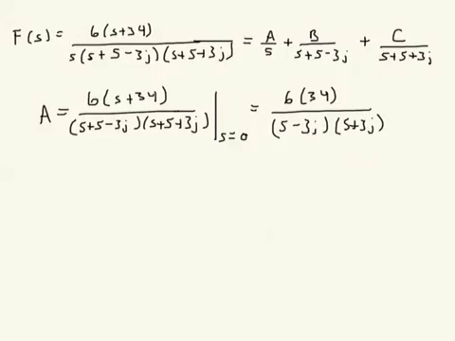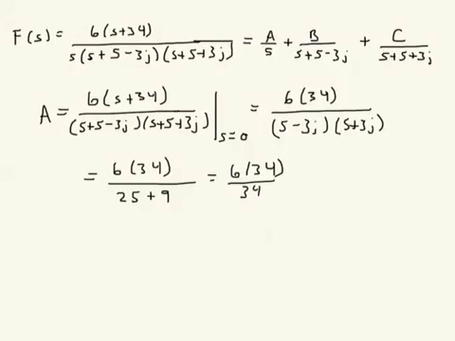So I can plug in, and I'll have 6 times 34 over 25 plus 9, which is 34. 6 times 34 over 34 leaves just 6. So A is equal to 6.